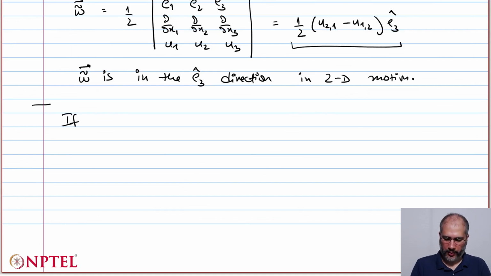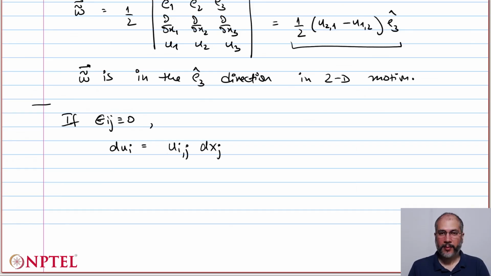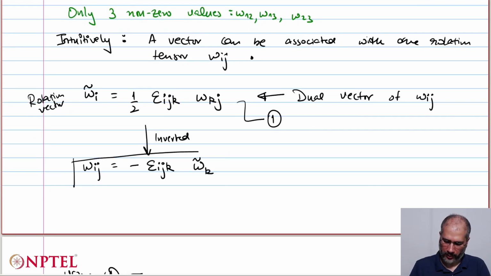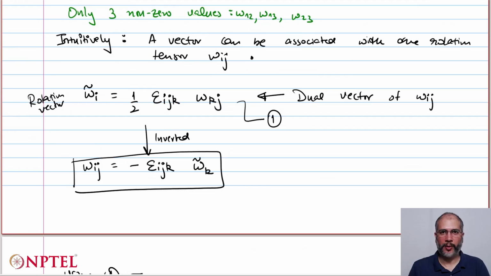So let's take the case that epsilon ij is identically 0 everywhere in the body. Then the displacement du_i is u_i comma j dX_j, and u_i comma j, the displacement gradient tensor, is simply the rotation tensor omega ij because strains are 0. So from this relation, I can write my omega ij as minus epsilon ijk omega tilde k.